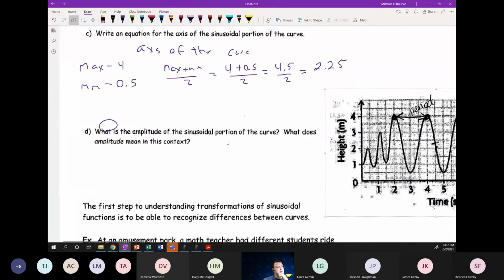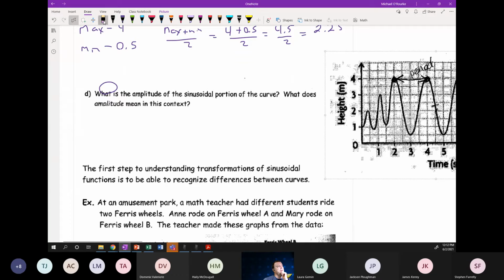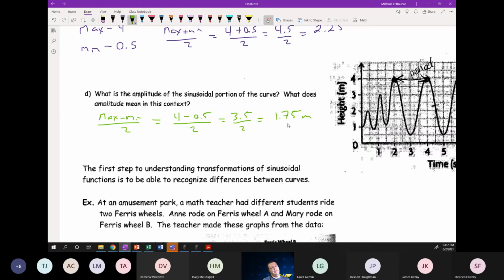Then the last question here is, what is the amplitude for this? Our amplitude is max minus min divided by 2, 4 minus 0.5, so our amplitude is 1.75.